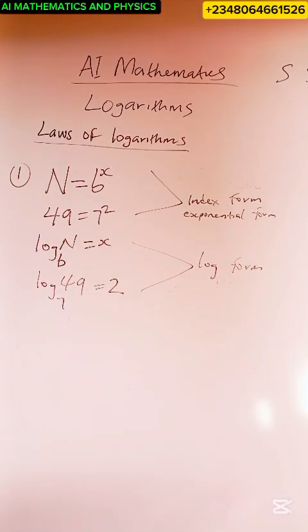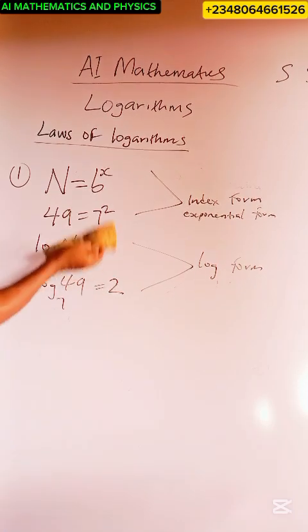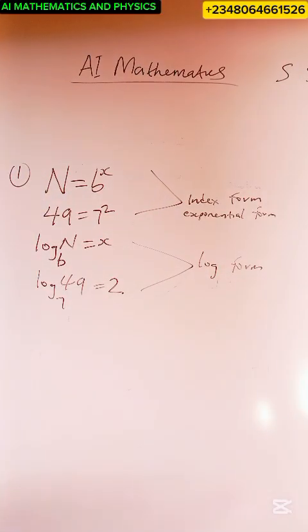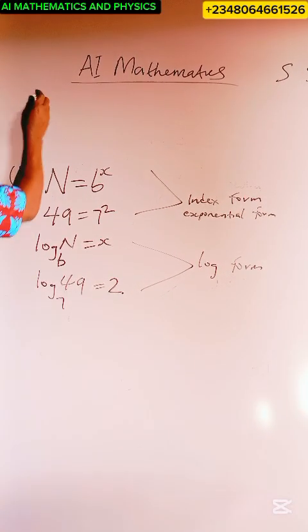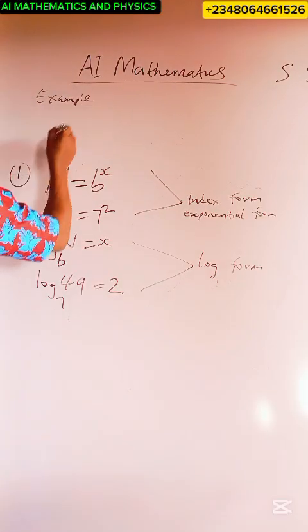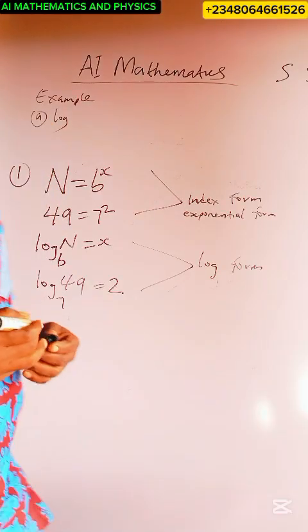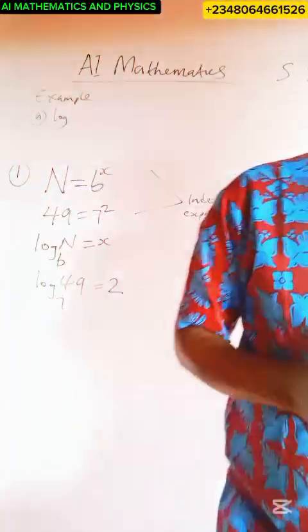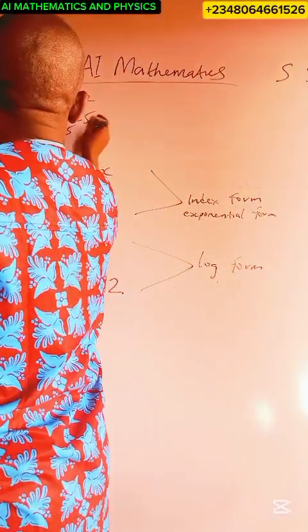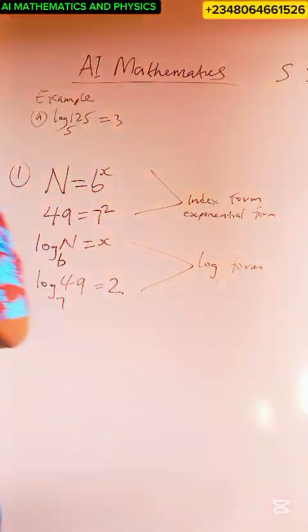Let's say we have example a, let's say log 125 base 5 equal to 3. This is a log form.